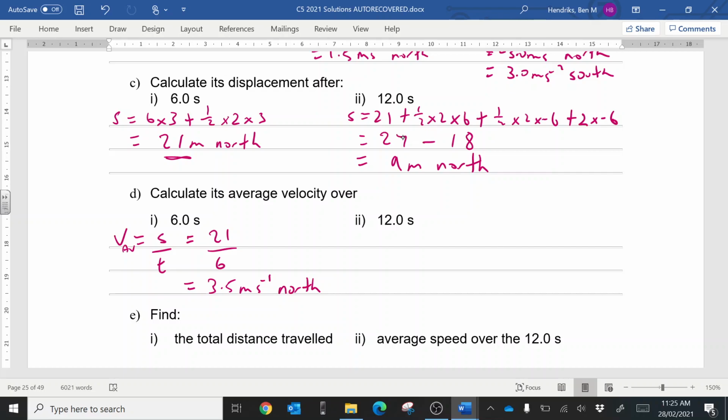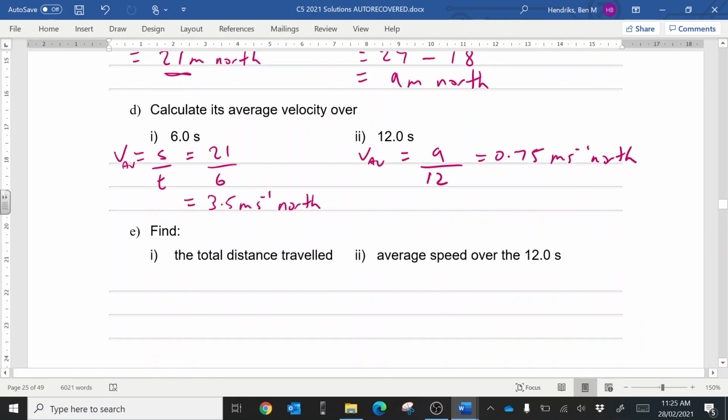For 12 seconds, v average is equal to, this time, 9 meters over 12 seconds, and that is equal to 0.75 meters per second north. So that's the average velocity for the whole 12 seconds.